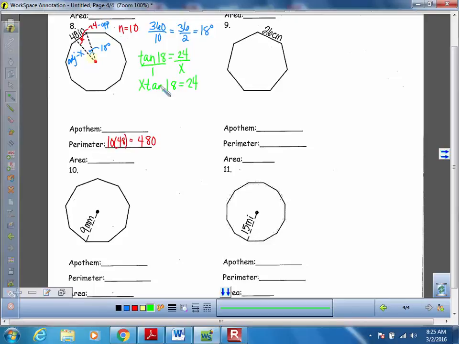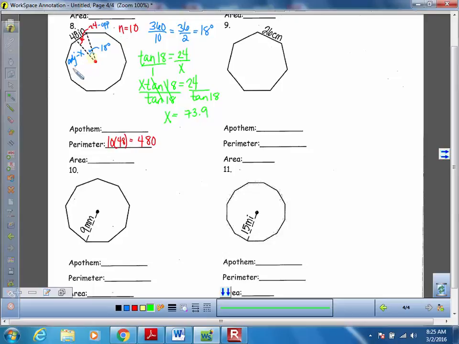We're solving for x, so we want it by itself. Since this is being multiplied, we're going to divide by tan 18. That cancels that out, and when you plug in 24 divided by tan 18, that is going to give you 73.9.